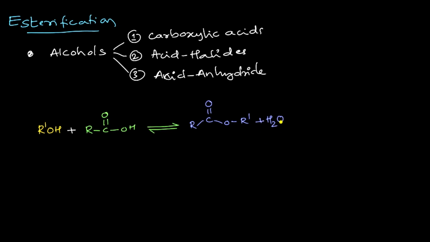This water molecule can interfere in the reaction with the ester, and when the esters are hydrolyzed, they give back the alcohol and carboxylic acid, and therefore this water molecule should be removed. This can be removed using sulfuric acid, H2SO4, to increase the forward reaction.